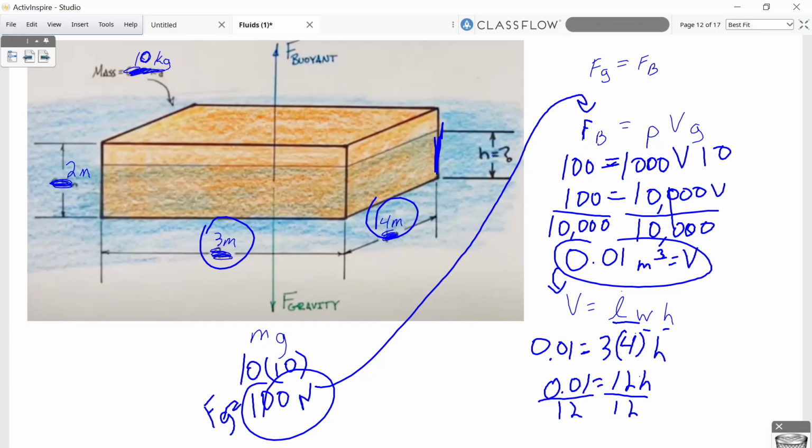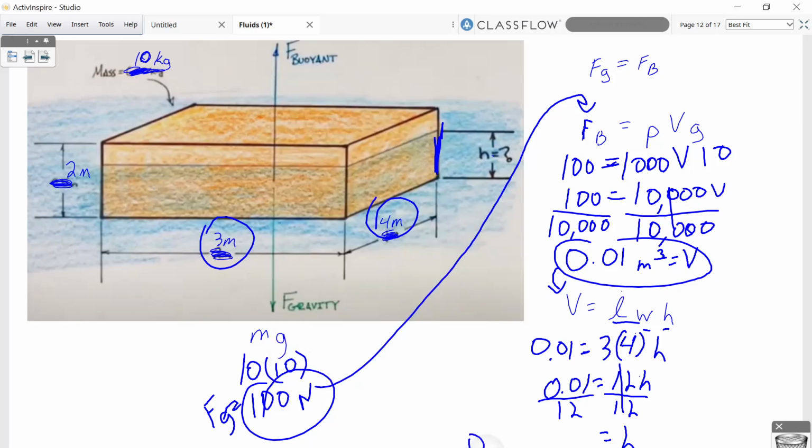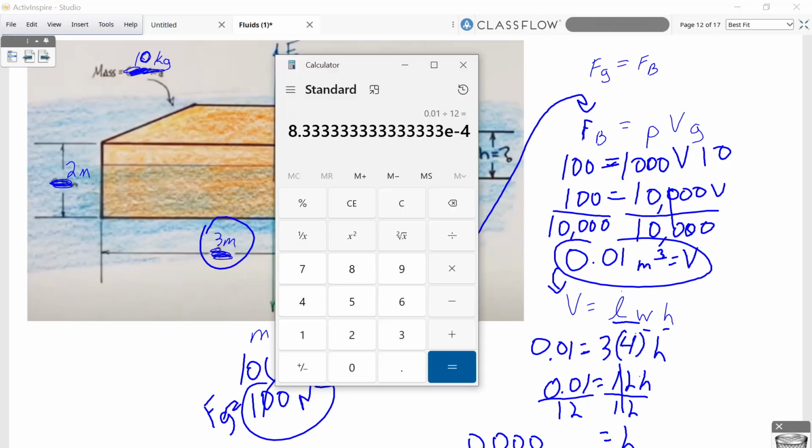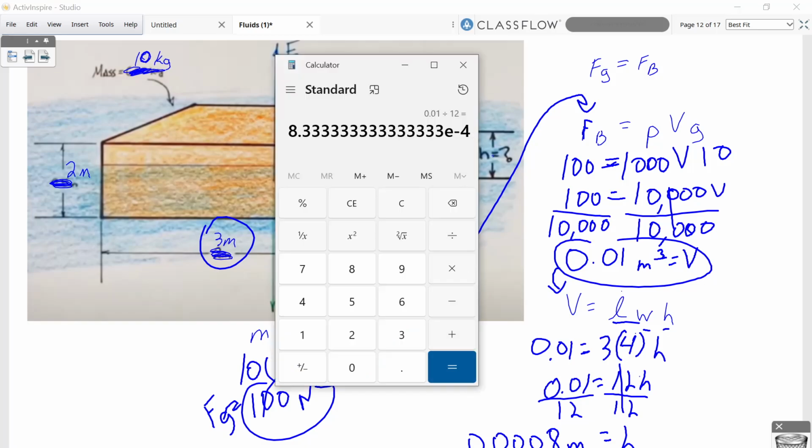Divided by 12, 0.01 divided by 12 gives us, this should be 0.0004 because it's a negative 4 exponent. So we move the decimal to the left 4 times, right? 1, 2, 3, 4. That's where they're getting this 4 from. Negative, you're moving it to the left.